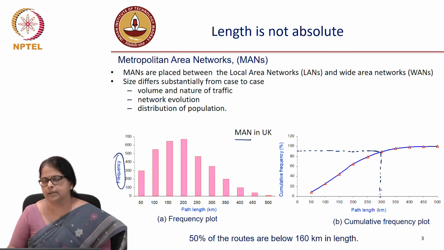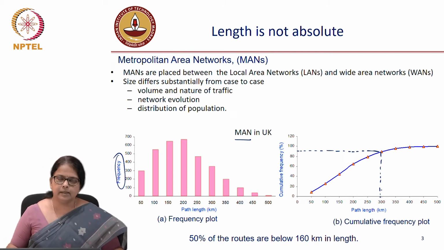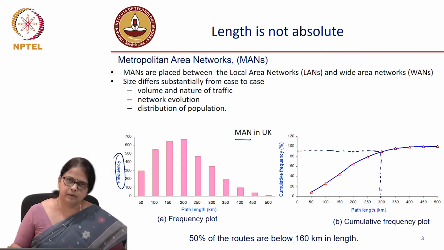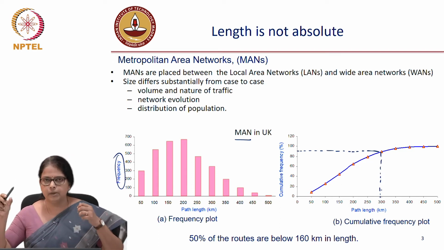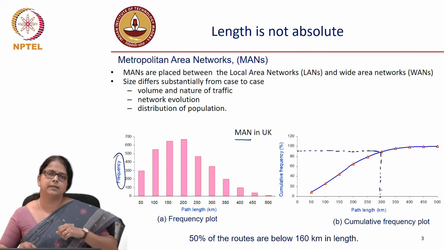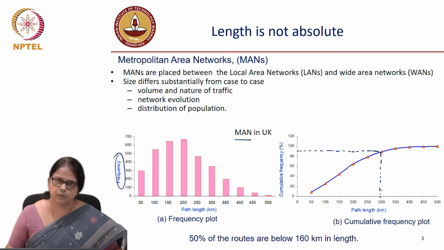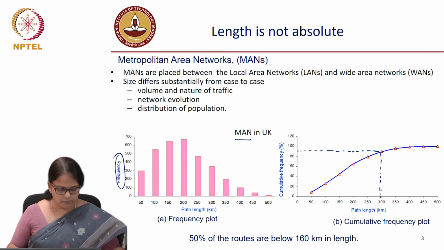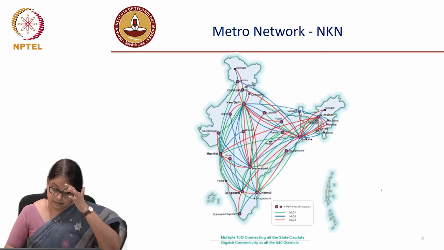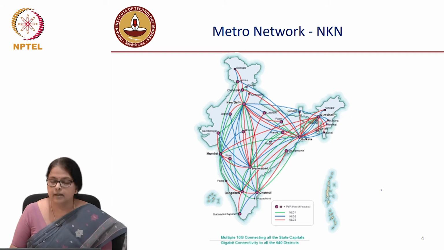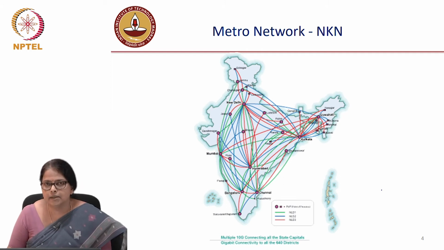So the metro networks in the UK have slightly longer distances, whereas in case of India, the point-to-point link distance between two add-drop multiplexers in the metro network could be much smaller. To give an example, these are the multiple 10 gig connections which connect all the state capitals.